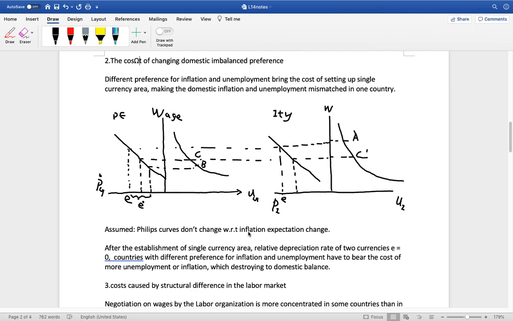And assume the Phillips curve doesn't change with respect to the inflation expectation change.